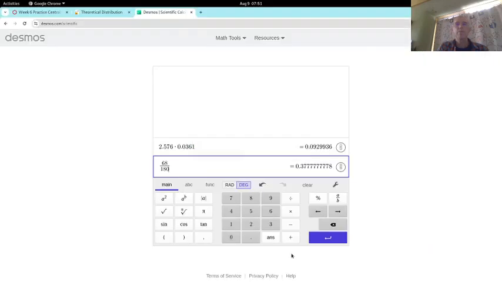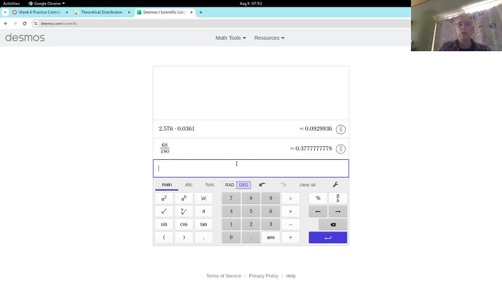Calculator time. We're going to just do it as a rounded decimal: 0.3778 plus our margin of error, 0.0930. So we're going to get 0.4708.